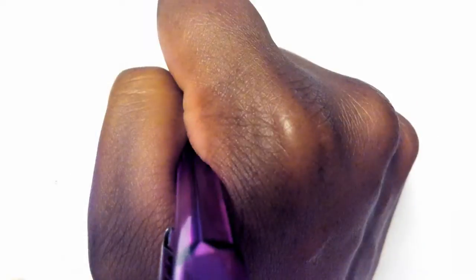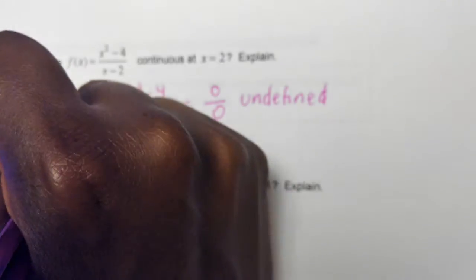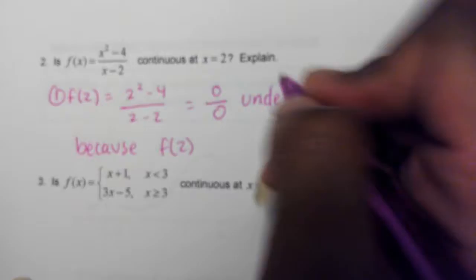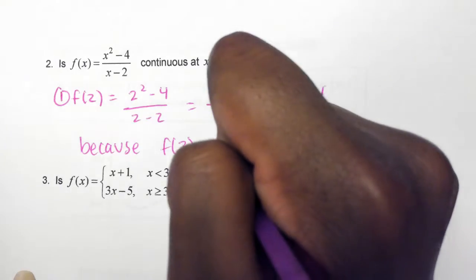So if we substitute 2 into this function, we have 2 squared minus 4 over 2 minus 2, which is equal to 0 over 0, which is undefined. Therefore, because f of 2 does not exist, the function is not continuous at x equals 2.